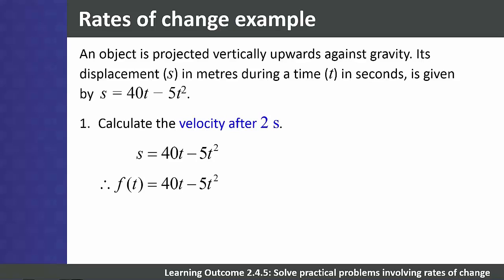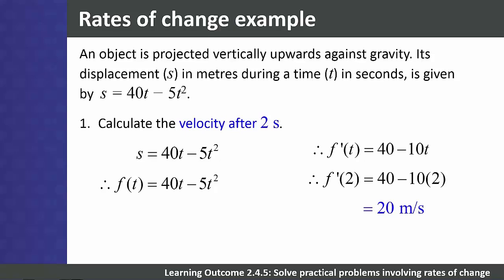We can write this as f of t equals 40t minus 5t squared. The first derivative of s gives us velocity, so the derivative of f with respect to t is 40 minus 10t. We need the velocity at 2 seconds, so we substitute this into our derivative, which gives us a velocity of 20 meters per second.